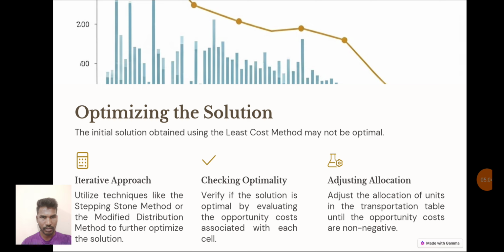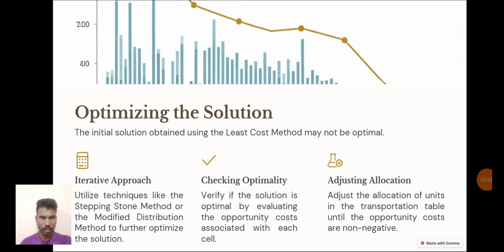Optimizing the solution. The initial solution obtained using the least cost method may not be optimal. Use an iterative approach, utilizing techniques like the stepping stone method or the modified distribution method, to further optimize the solution.